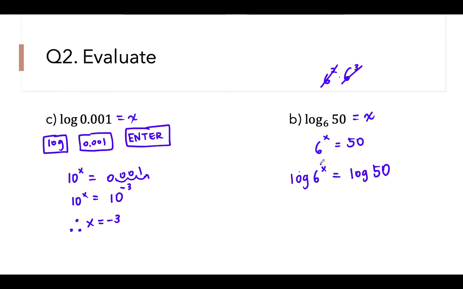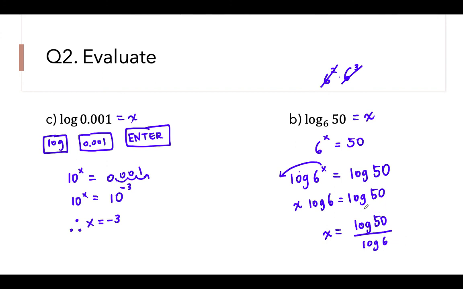Then I'm going to bring x to the front, because that's what we're looking for. x log 6 equals log 50. And then we're going to divide both sides by log 6. So x is equal to log 50 over log 6.